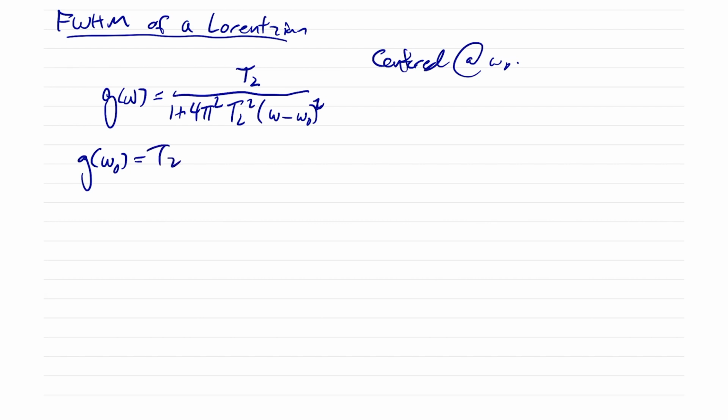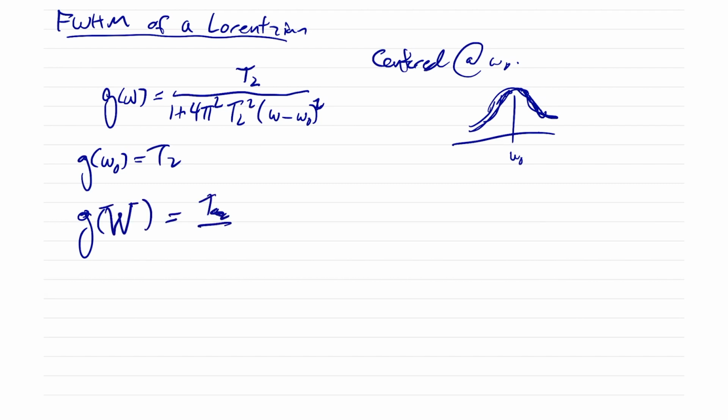And so we're just going to be thinking of this as peaking there. In this case, we're thinking of w naught as sort of our 0 point. And then the idea is we're looking at some point, I'm just going to call it big W, that's going to give us T2 over 2.